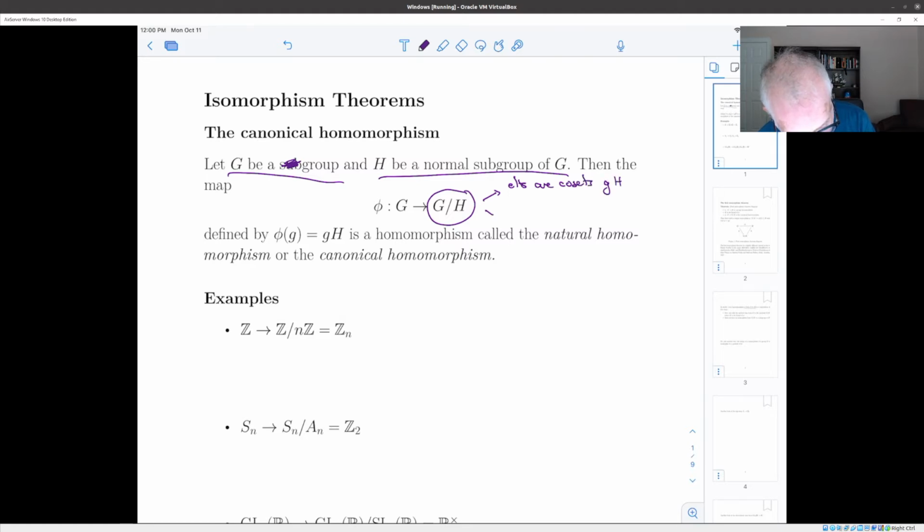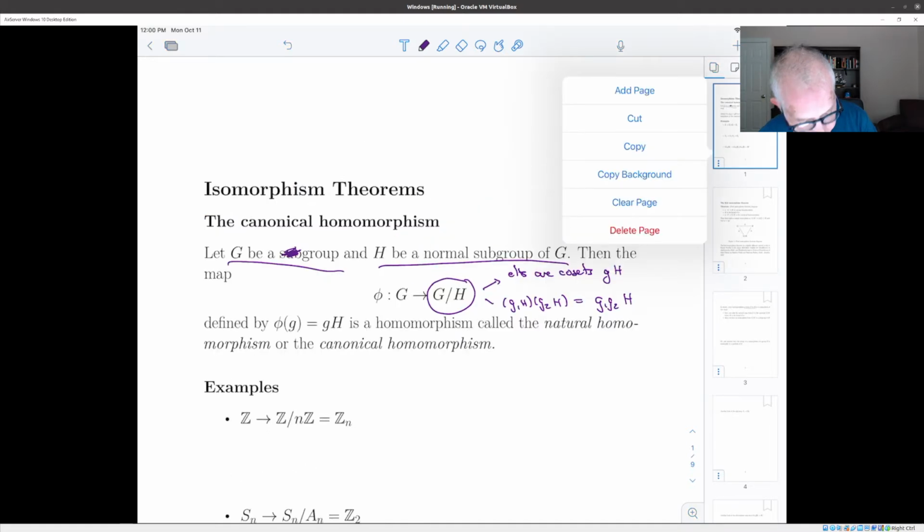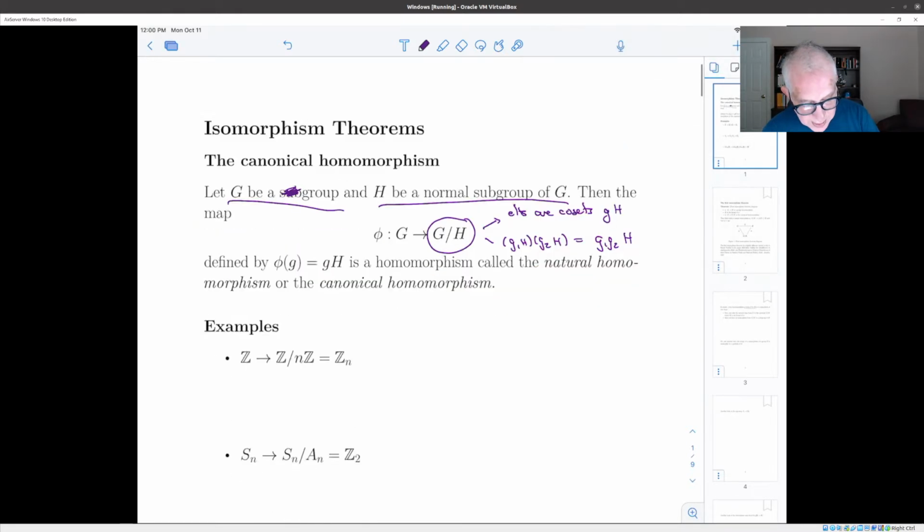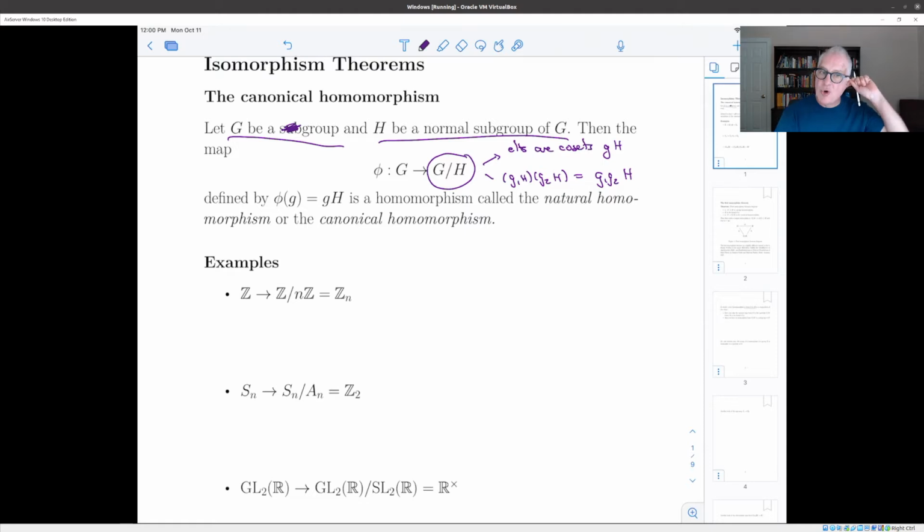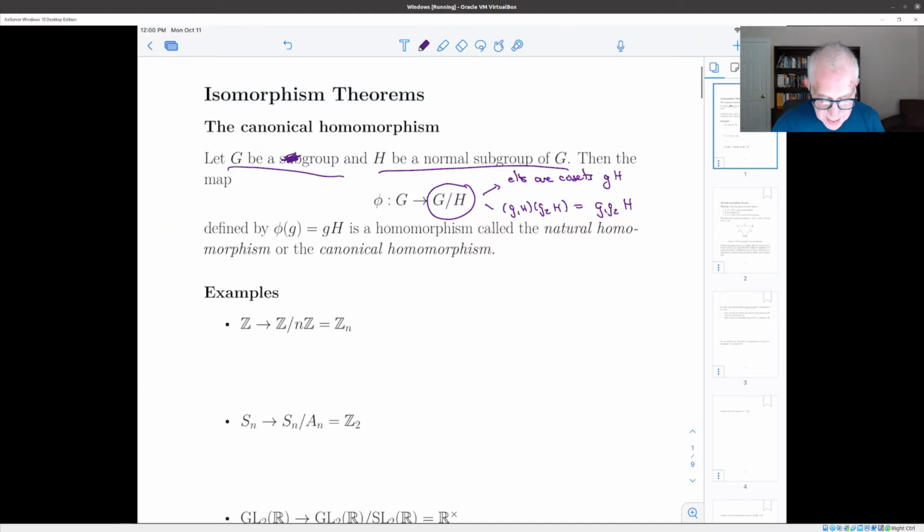The group law is that you multiply cosets in the way you would hope to be able to multiply them, which is you just multiply their representatives. But it's crucial that H be normal in order for this to make sense. Otherwise, it wouldn't be independent of the choice of representatives. The natural or canonical homomorphism from G to G mod H is just the map which takes an element g and sends it to its coset gH.